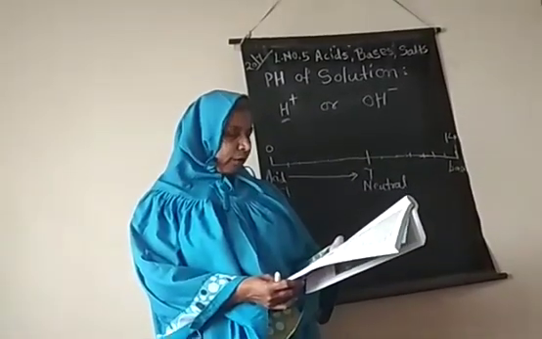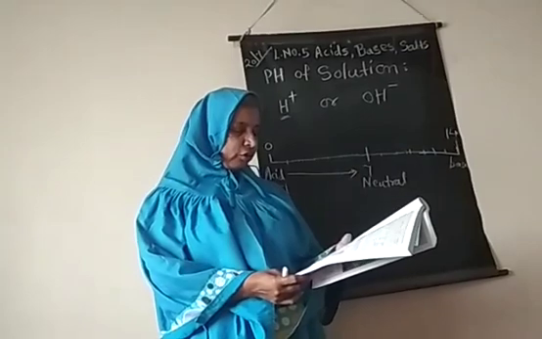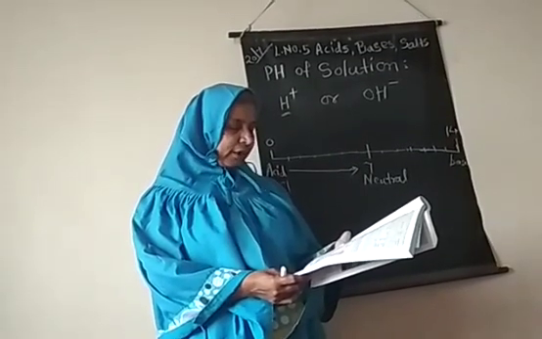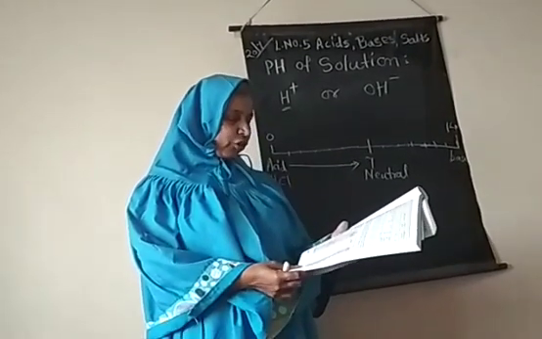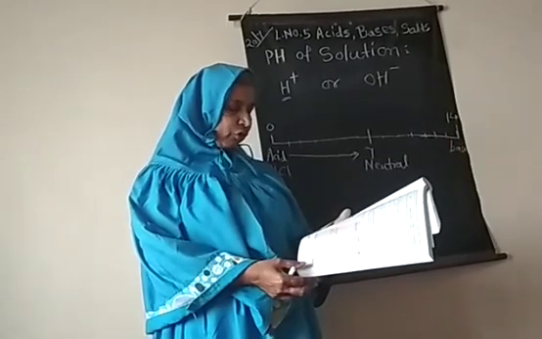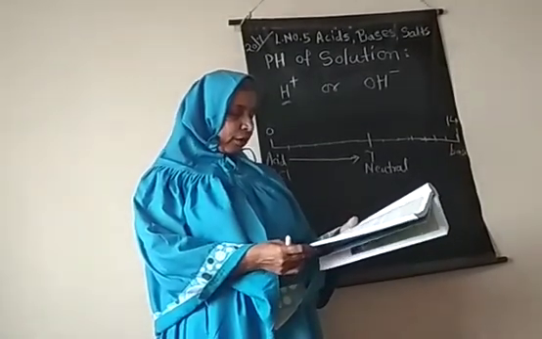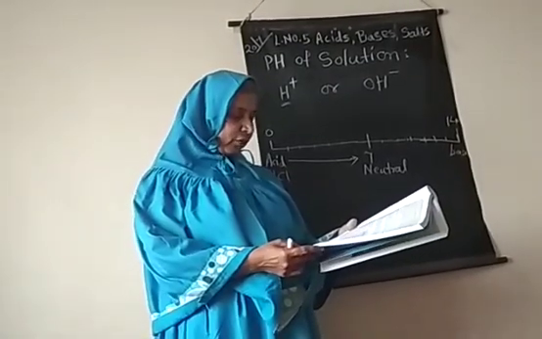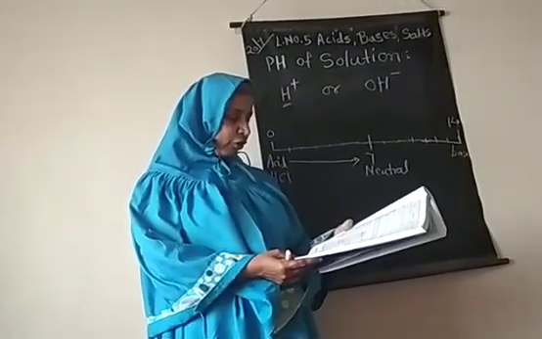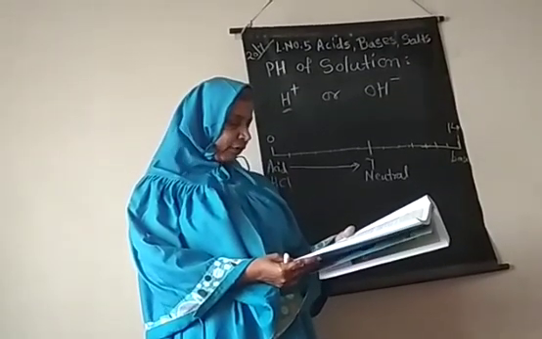Pure water also undergoes dissociation to a very small extent and gives rise to H plus and OH minus ions in equal proportion. Due to this property of water to undergo dissociation, both H plus and OH minus ions exist in any aqueous solution.